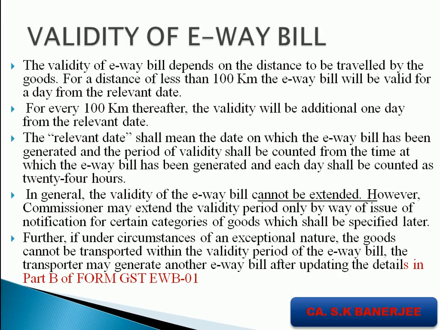So in certain categories of goods to be specified, the commissioner can extend the validity of the e-way bill only by way of a notification. Also, in exceptional circumstances, it can be extended. If the goods cannot be transported within the validity, then the transporter may generate another e-way bill after uploading details in Part B of Form GST EWB 01.